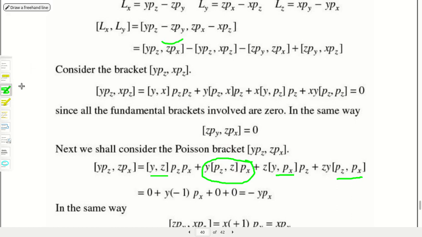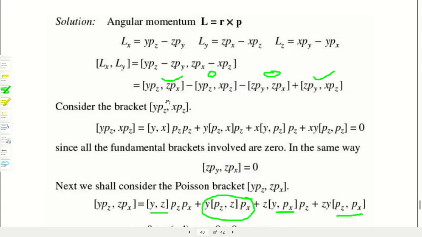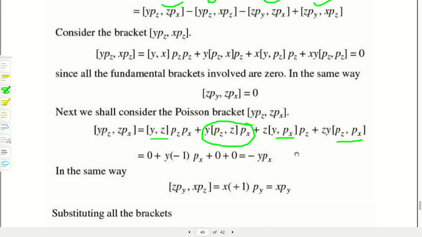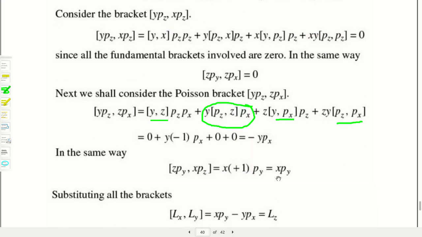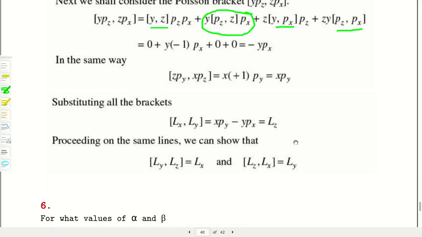These two contribute, but the other two gave you 0 results. So the result is xpy minus ypx for the Poisson bracket of Lx and Ly, and this is nothing but the Lz component. So the Poisson bracket of Lx and Ly will give you Lz.